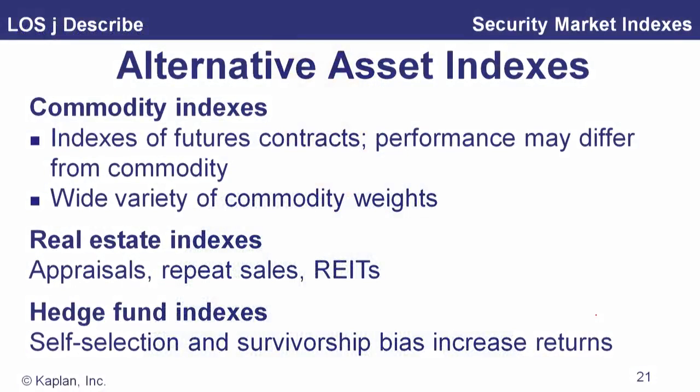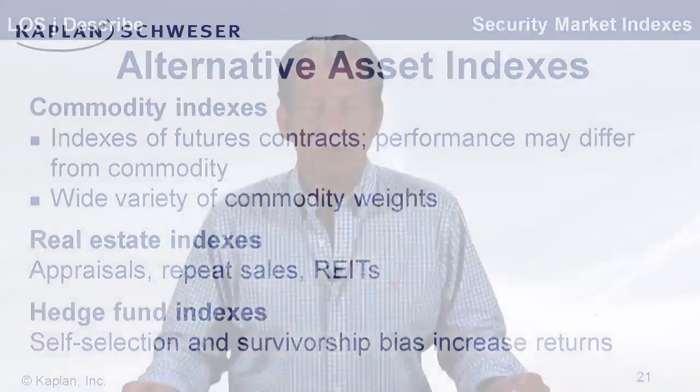And hedge fund indexes, we look at the performance of a group of hedge funds, and with these index returns, we run into self-selection and survivorship bias that increase returns, because we want to look at an index of firms that have been around for a number of years, and that's where the survivorship bias comes in, because those firms that survive longer are just those that have had better performance.